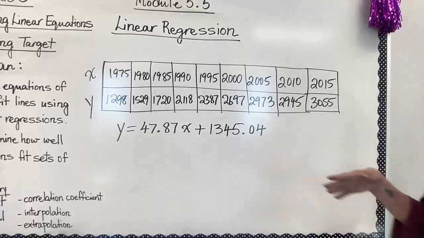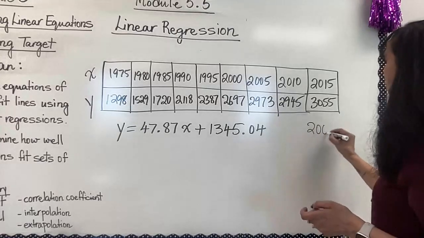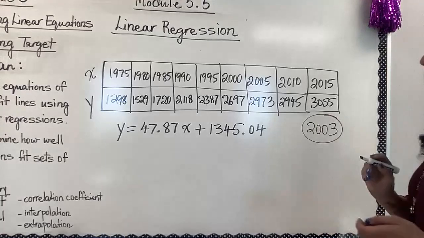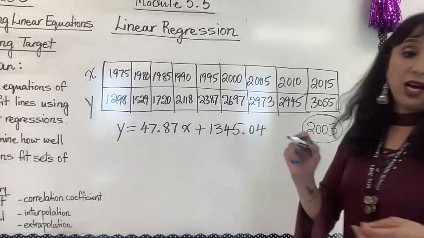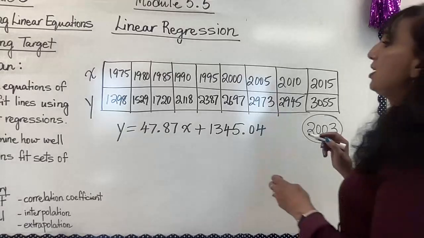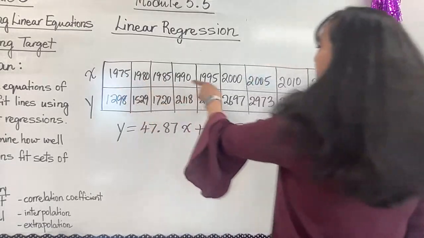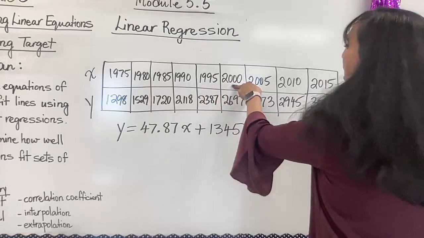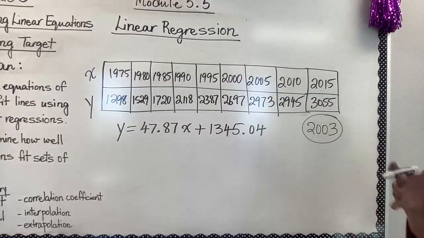If we are going to predict for 2003, we see how far that is from 1975, which is 0. So 5, 10, 15, 20, 25, and then 3 more, which gives me 28.